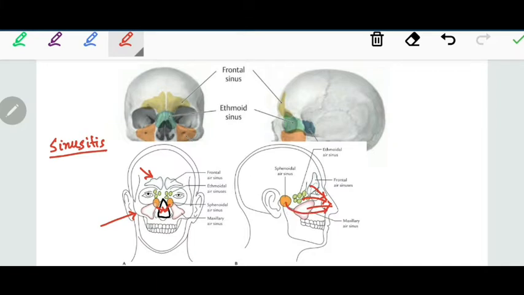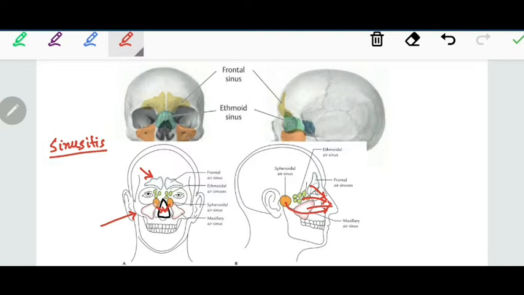That means when these sinuses are filled with purulent secretion, that will result in persistent discharge of this purulent secretion into the nasal cavity, and the nasal cavity will thrust out the secretions via the external opening, that is the nostrils.